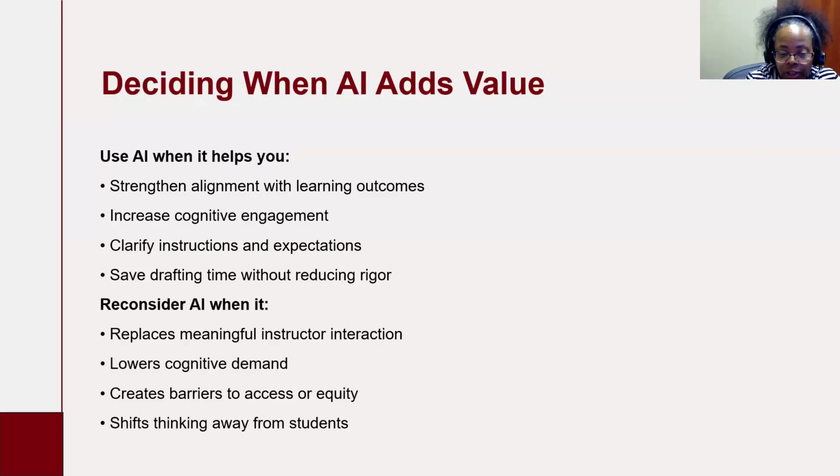We want to shift the recall thinking of students to the more evaluating or analyzing shift for students. So we must think also about access and equality as well. If an activity depends on a tool that students may not have equal access to, you might want to rethink the design of that particular activity.